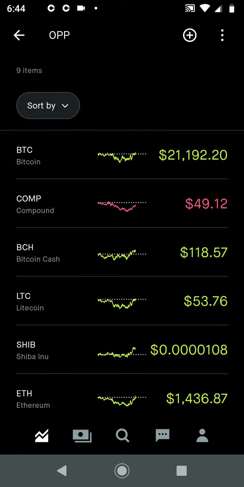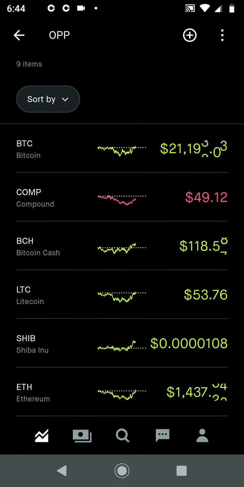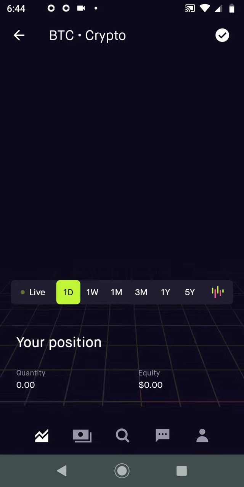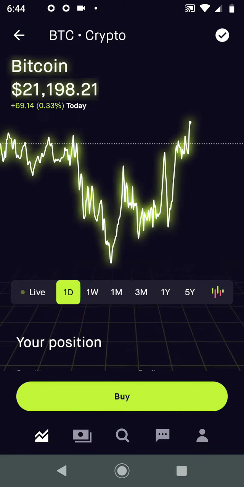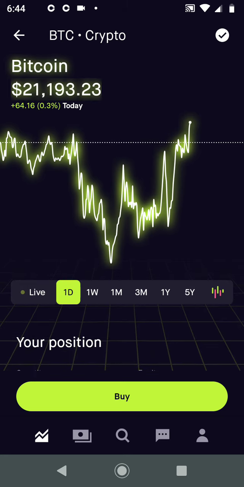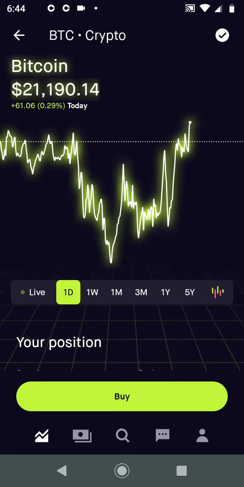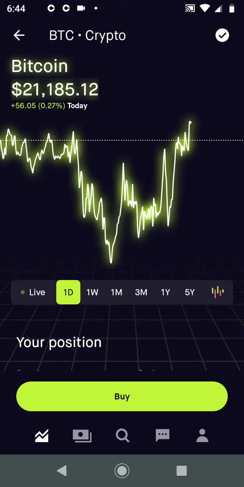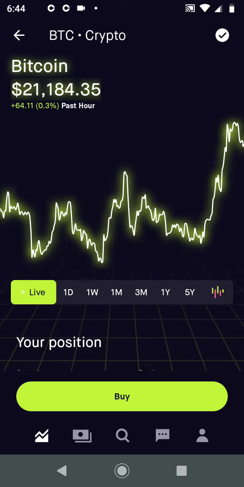So let's go up to the king of all crypto, Bitcoin. All right, so Bitcoin's chart is set up very similar to Cash App investing, except it's different in a way, because the thing that's better in Robinhood is it gives you the hourly chart.